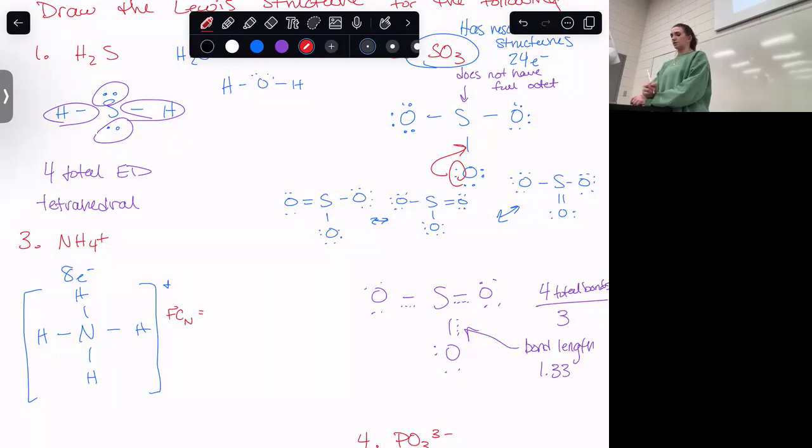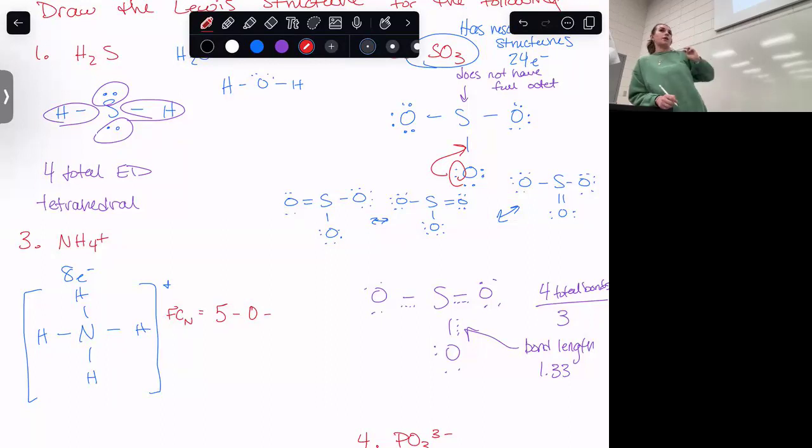Yep, and how many valence electrons does nitrogen usually have? Nitrogen usually has 5. How many lone pairs does it have? 0. How many bonding electrons does it have? Close. How many lines does it have?